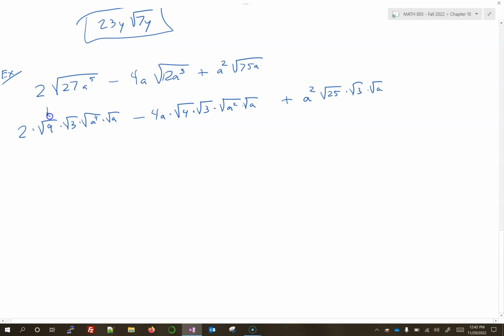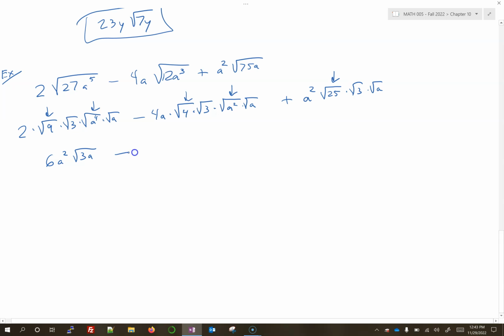Now I'm going to go ahead and evaluate all the ones that are perfect squares, so I'm just going to mark them so you can see what's going on with that. So for this first one, I'm going to have 2 times the square root of 9, so that's 2 times 3, so that's 6, and then the square root of a to the 4th is a squared. And then the radical that's left over is the square root of 3a. So hopefully I'm going to see some square root of 3a's when I finish the rest of the terms.